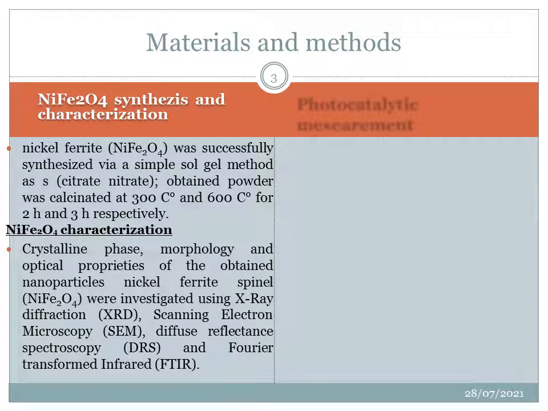The characterization of the obtained sample was investigated using XRD diffraction, scanning electron microscopy, diffuse reflectance spectroscopy, and Fourier transform infrared.